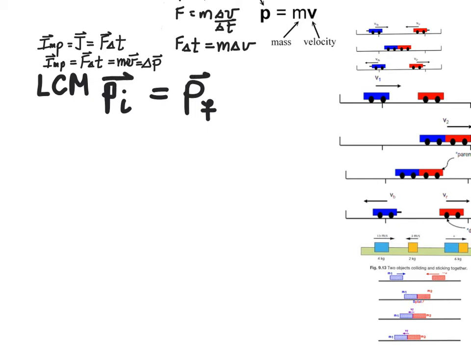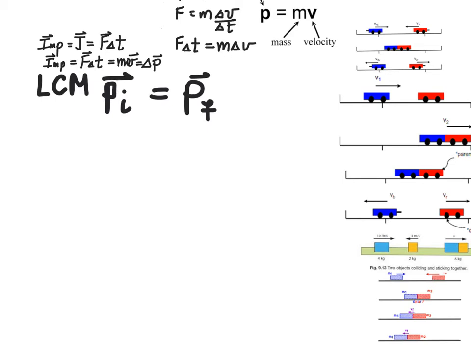Remember, like conservation of energy, the initial energy equals the final energy. And so let's use this equation to solve the problem of any one of these collisions, and I'll show you several of them in a minute.